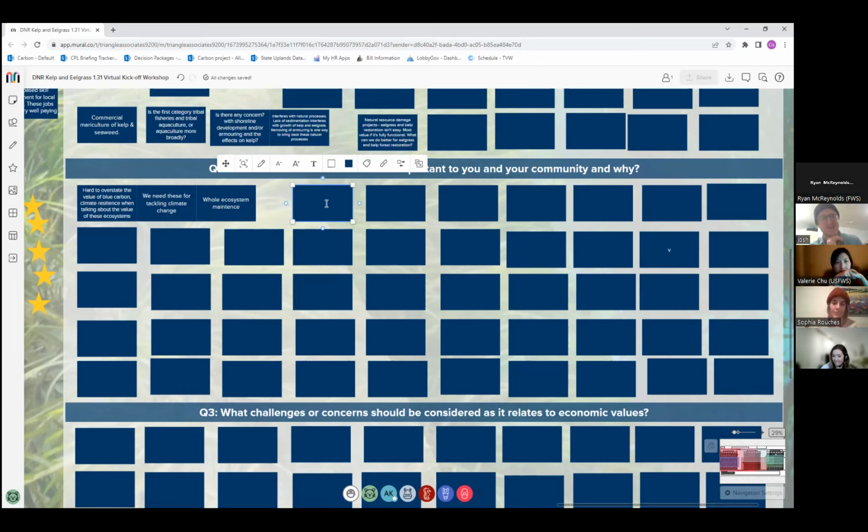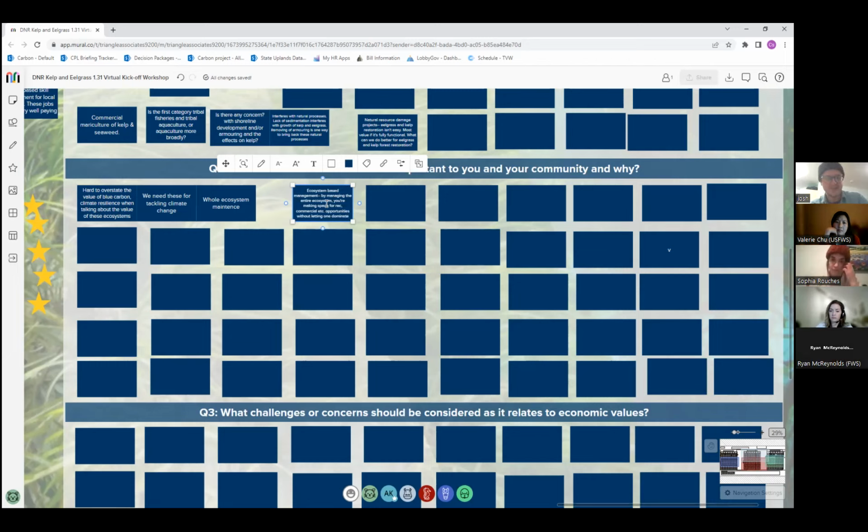And just echoing what Ryan said, I think ecosystem-based management is sort of another term for that, and I think that's incredibly important, especially with economic values, because by managing the entire ecosystem, you're creating space for all the different recreational fishing and commercial opportunities without letting one or another dominate, especially in a giant conurbation like Seattle, Tacoma, Olympia, and all the smaller cities around here. So I think that, yeah, ecosystem-based management.